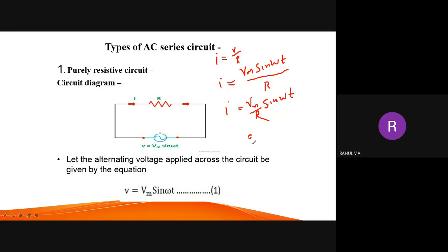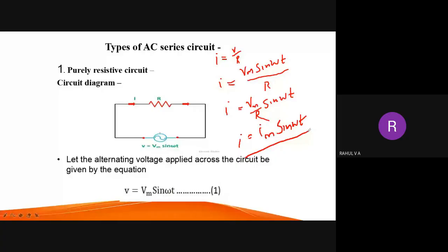So next step, what I can do is Vm divided by R, I can write as current Im. Voltage divided by resistance is current. So Vm divided by R I can write as Im, so it is sin omega t. So this is the formula for the current waveform: I is equal to Im sin omega t. There is absolutely no difference between the first voltage equation and the current equation.